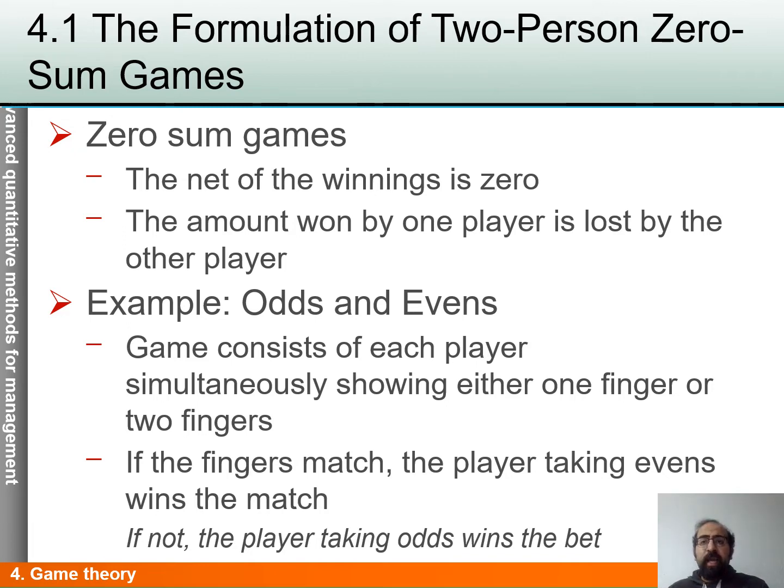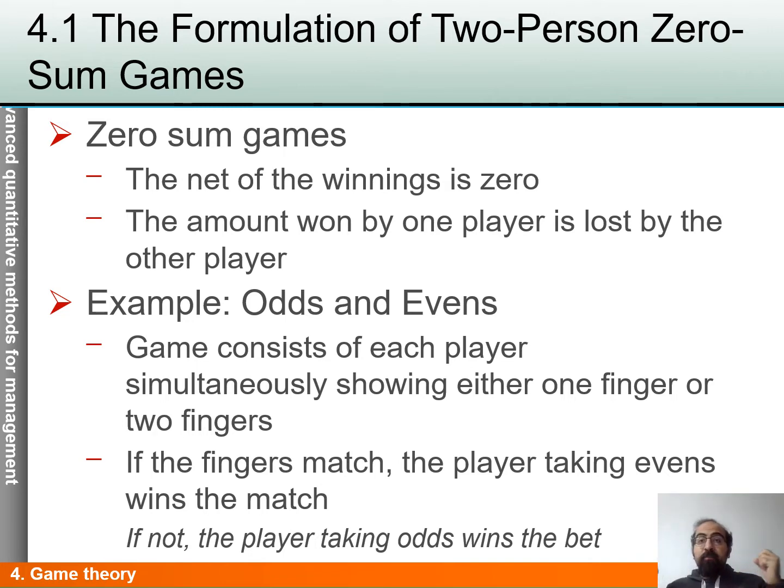Let's check a very simple example. Imagine I am playing with my friend a game named odds and evens. I have 2 options while my friend has 2 options too: showing 1 finger or showing 2 fingers.